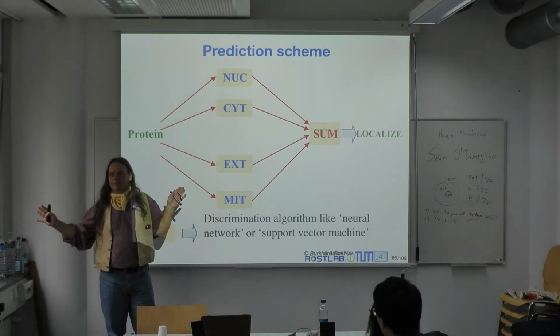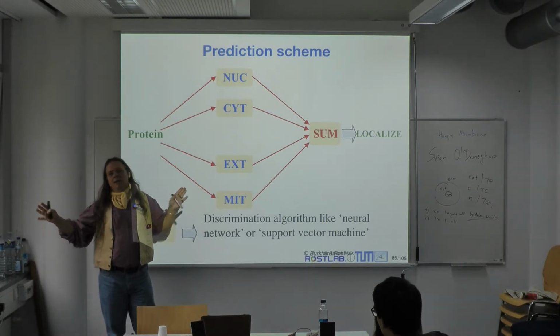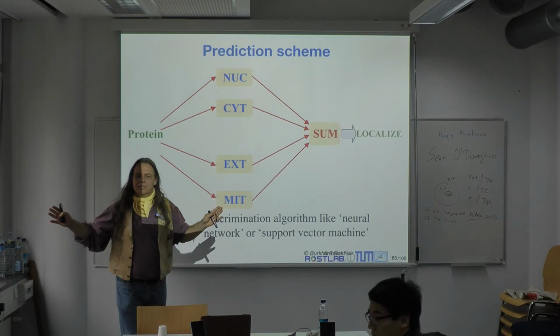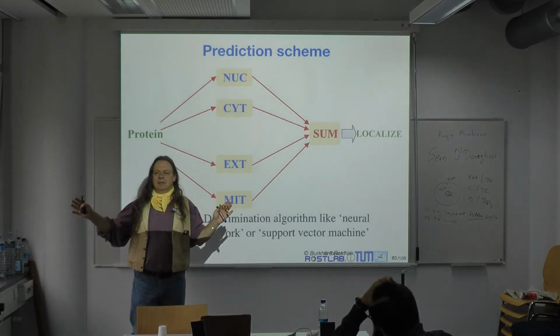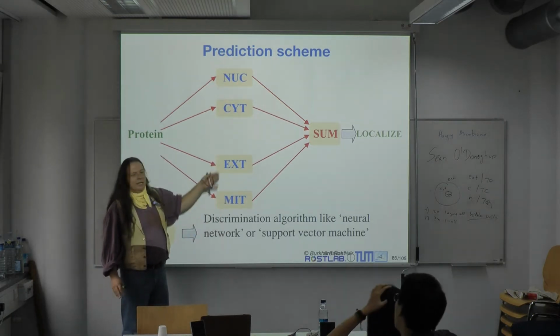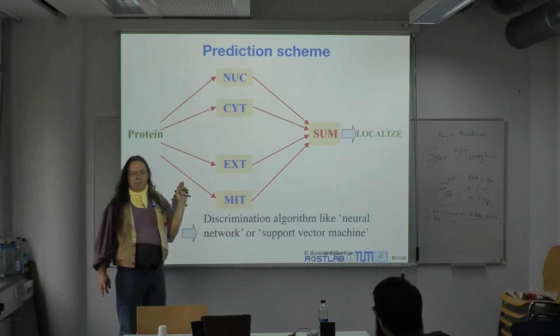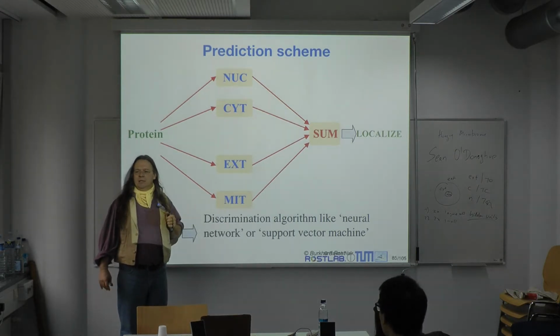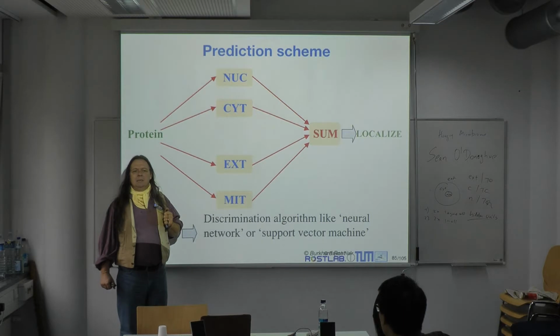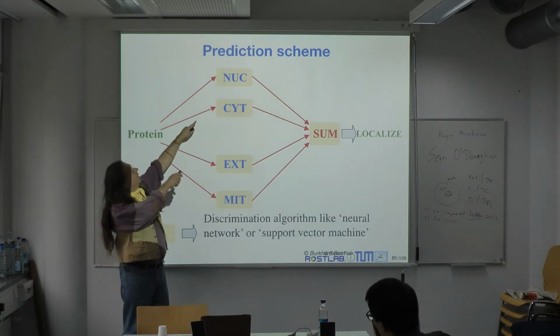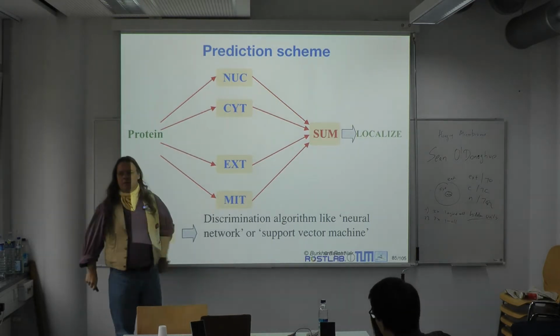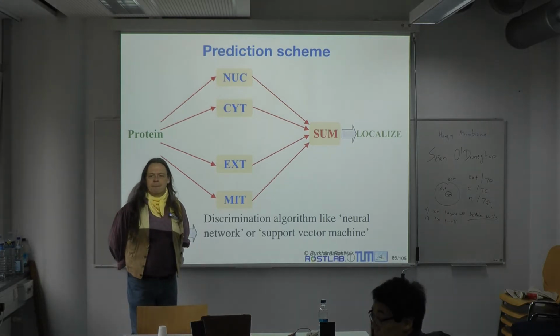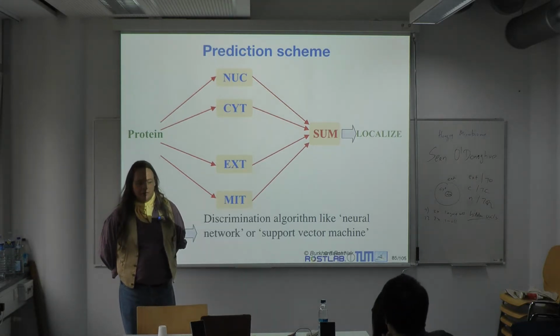Great, you know what to do. But this is real life. So typically that is not going to be that simple. Typically you're going to have at least two here that predict some preference, maybe weak, but some preference for nuclear, say, and cytoplasmic. What do you do then? How do you resolve conflicts like that?